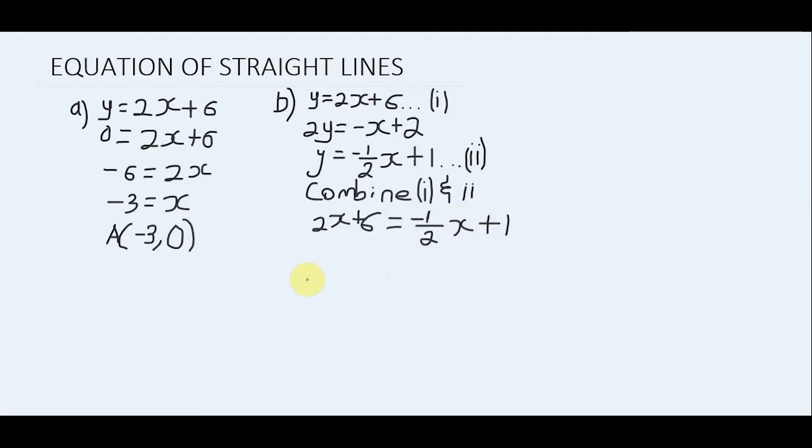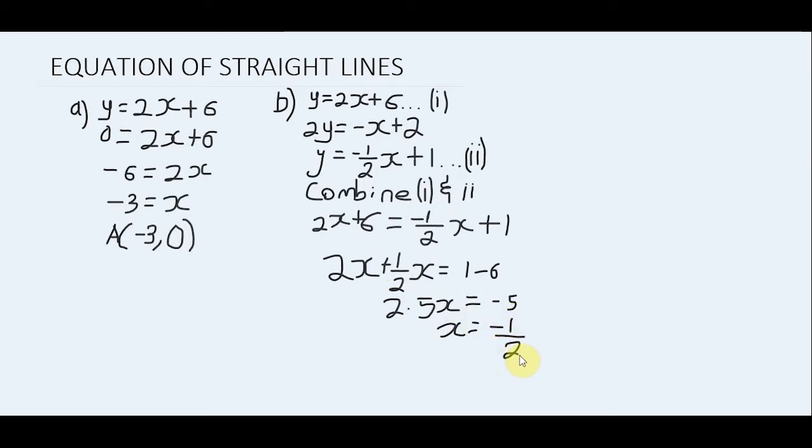Taking x's on one side and the integers on the other side, we have 2x plus a half x, which will be equal to 1 minus 6. Now 2.5x will be equivalent to negative 5. Now x will be, dividing both sides by 2.5, negative a half. Now that's the second equation of B. By substituting, we get y is equal to 5. Now the coordinate of C will be negative a half and 5.